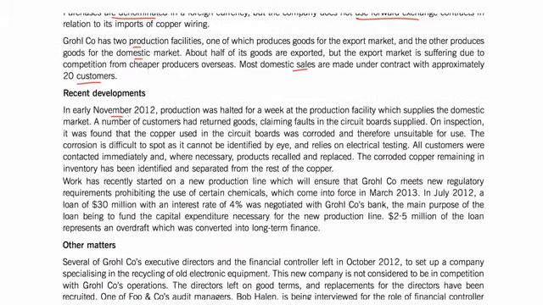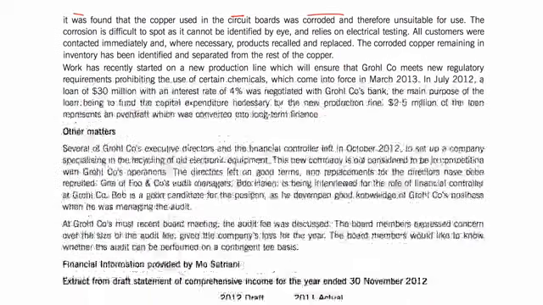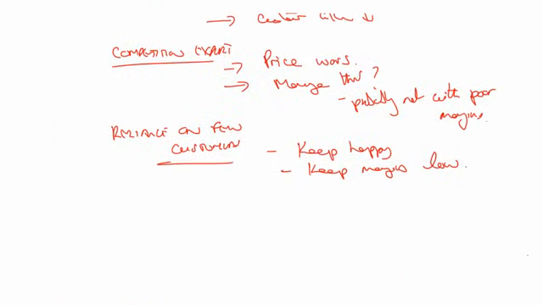Recent developments. In early November 12, production was halted for the week at the production facility which supplies the domestic market. A number of customers returned goods. There was faults. So here we go, he's helping us out here with more to say then. These few customers already returning goods.